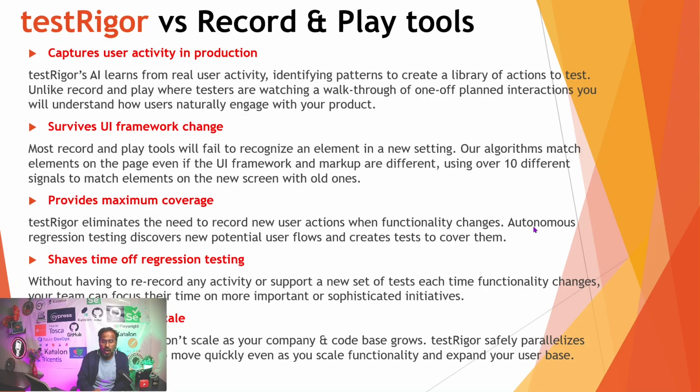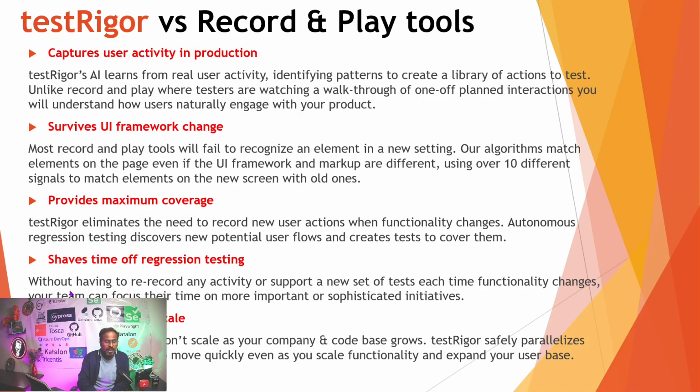Why? Because autonomous regression testing discovers the new potential user flows that get introduced, and it also can create tests to cover those new potential user flows because of the application changes, and it shaves time off regression testing.